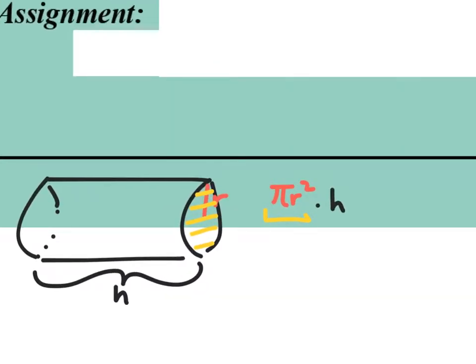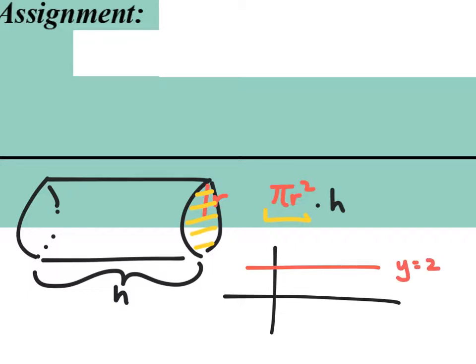In this case, let's say we took the line y equals 2, and we revolved it around the x-axis. We revolved it, let's say, from 0 to 3.